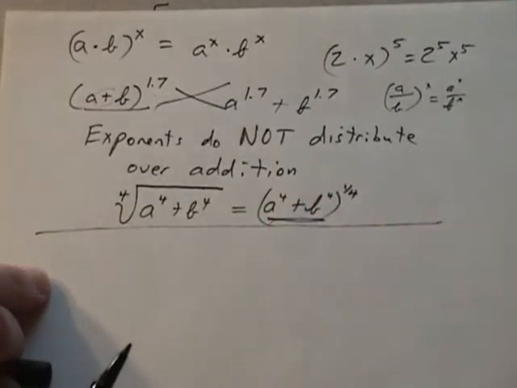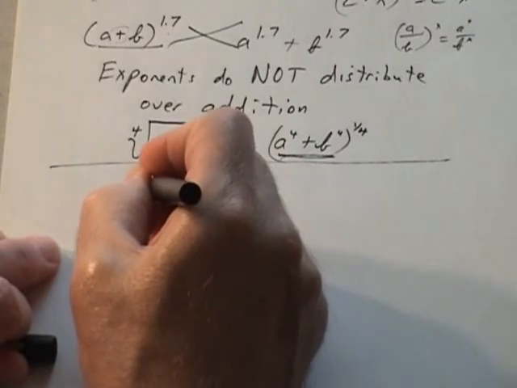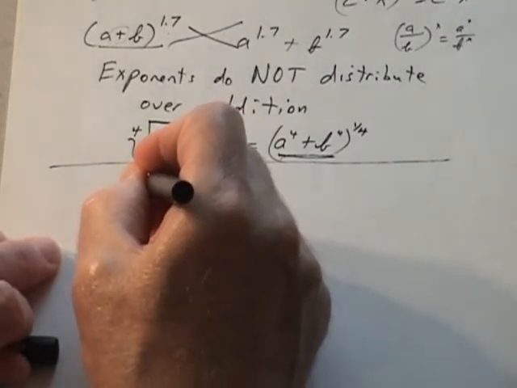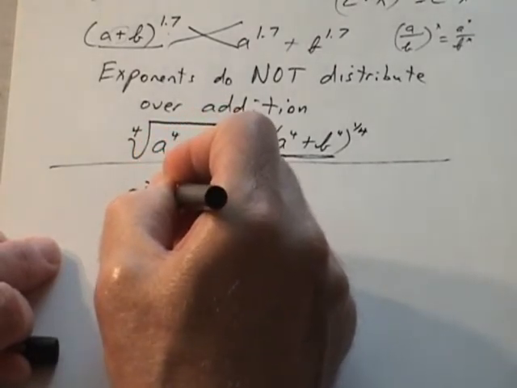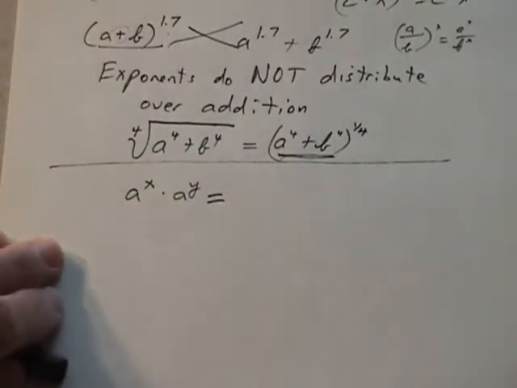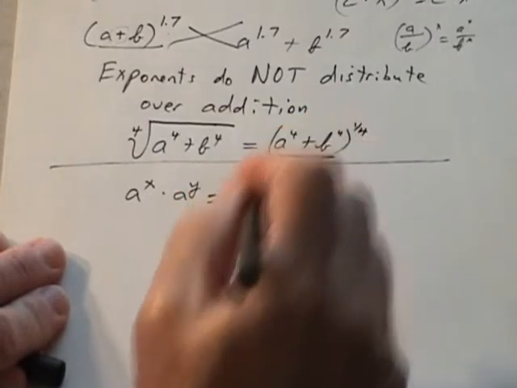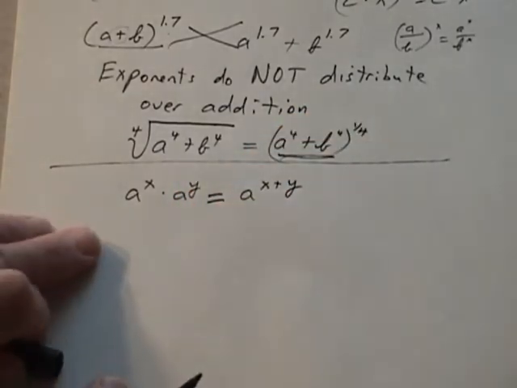Okay, another law of exponents that comes up all the time is this one. If you take two numbers, a to the x power, and multiply that by a to the y power, multiplying two numbers together with the same base, you get to add the exponents. And again, that's easy to see.